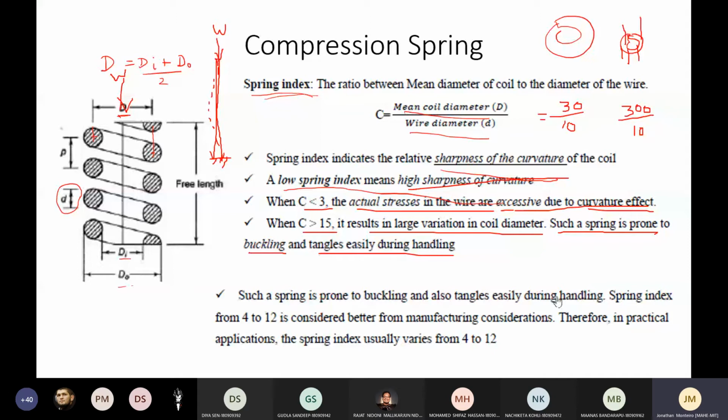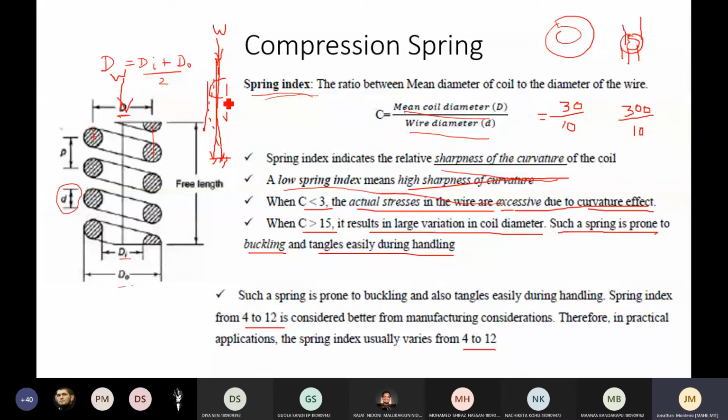So what are the design considerations? Usually the spring index varies from 4 to 12. Suppose you would like to have something greater than 15 which is really required, then how would you go around the situation? Then you would put a guide path.